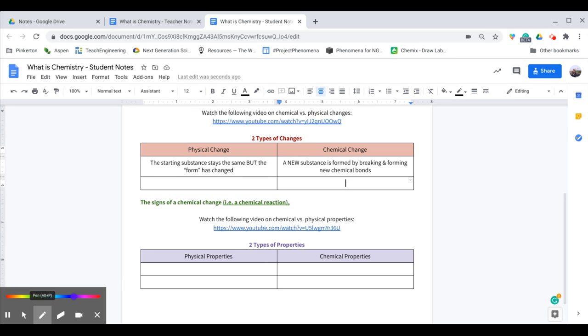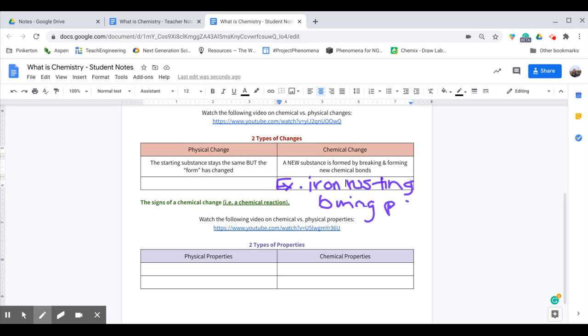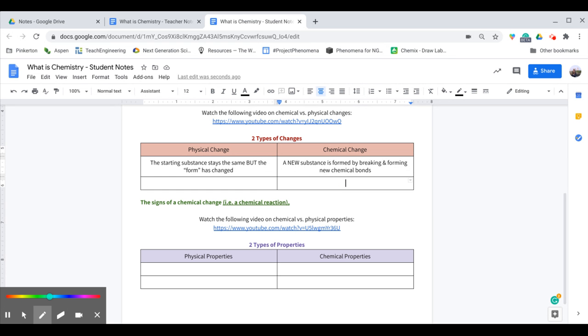So an example of a chemical change is iron rusting or an egg cooking, burning paper. Okay? And then up in this video, this goes into more detail about chemical versus physical changes. All right?